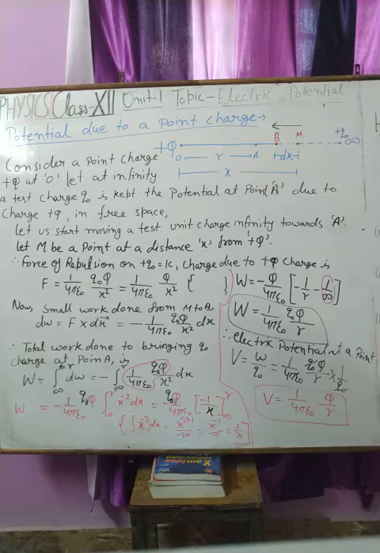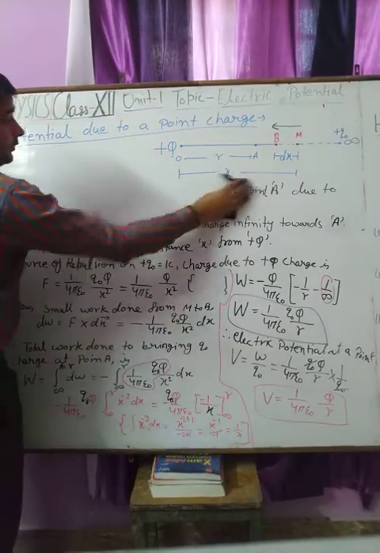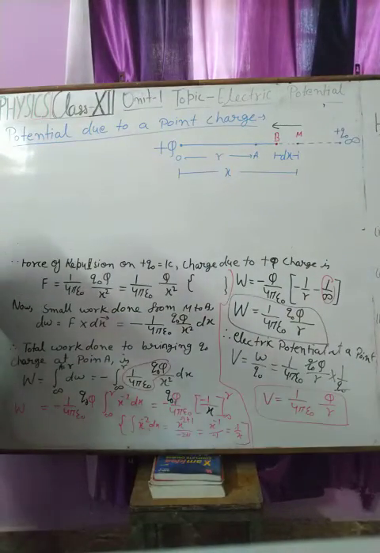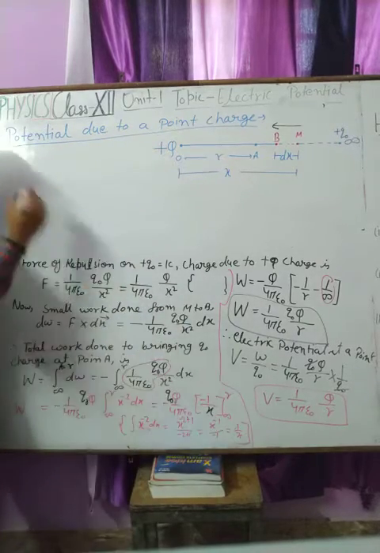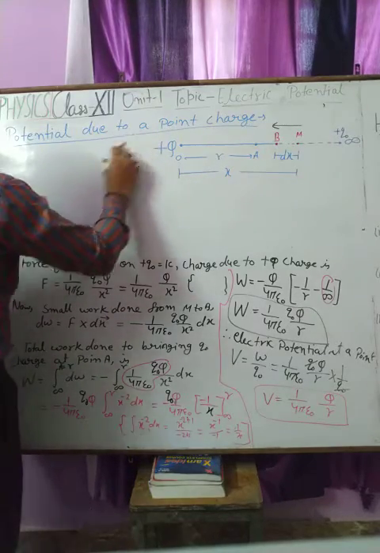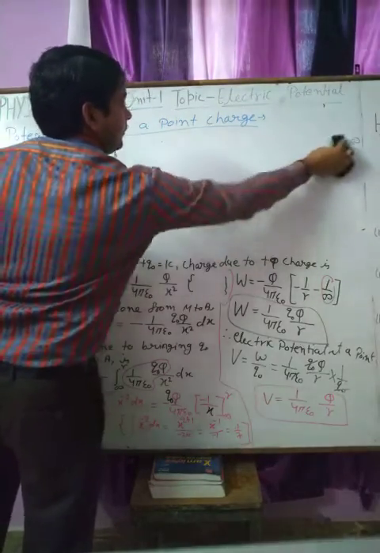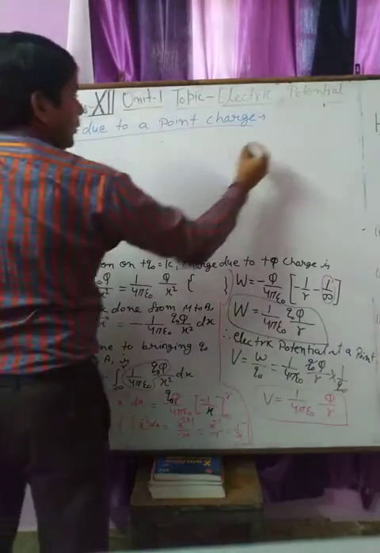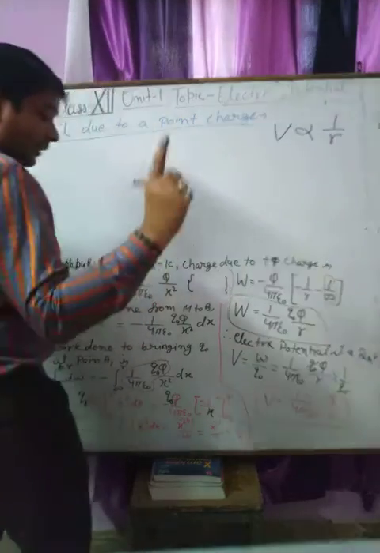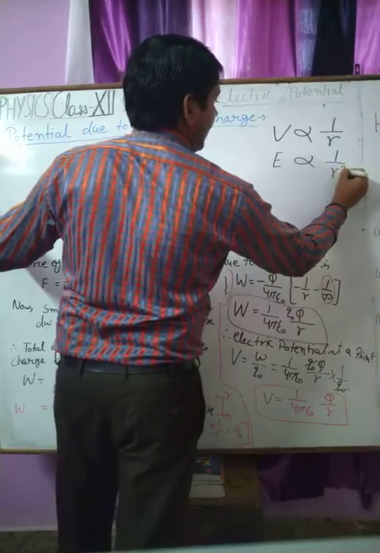Okay, students. The VR graph. When we plot the VR graph, from the formula we find the potential is inversely proportional to R, and students, electric field is inversely proportional to R square due to a point charge.